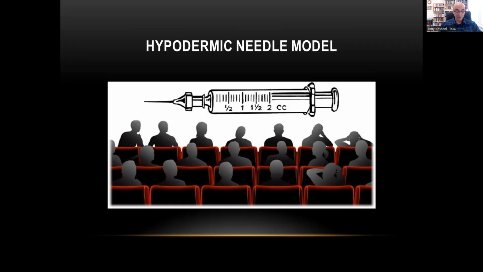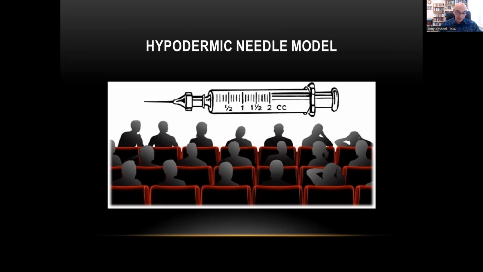Number four, it's the failure to explain selective exposure. The model does not account for the phenomenon of selective exposure, where individuals actively choose media content that aligns with their existing beliefs and attitudes, rather than being passively influenced by any message.